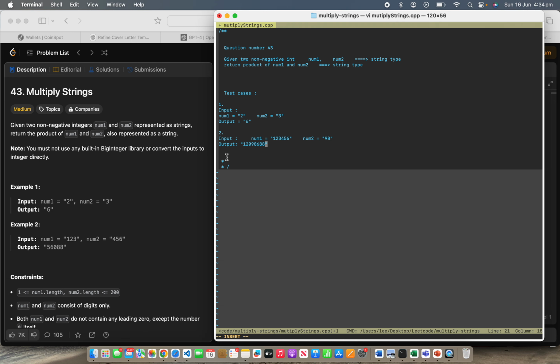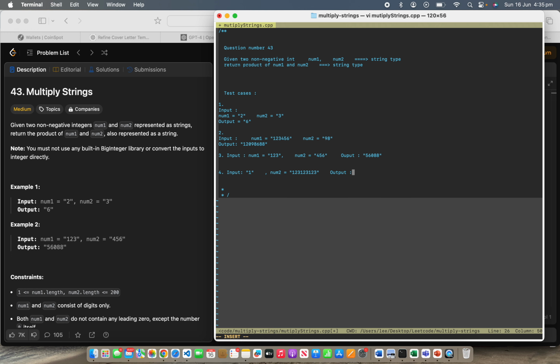Okay. So the third one, input number 1 is equal to 123, number 2 is equal to 456, probably. And this time the output, I know this will be 56088, right? So some special cases: input number 1 is equal to 1, number 2 is equal to, okay, whatever.